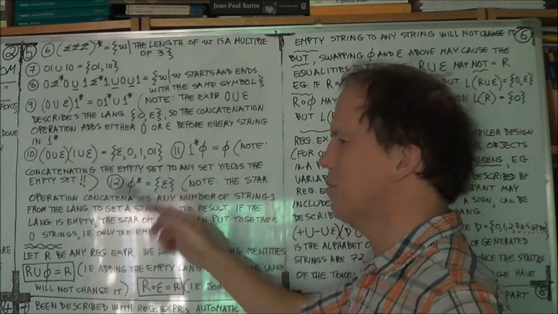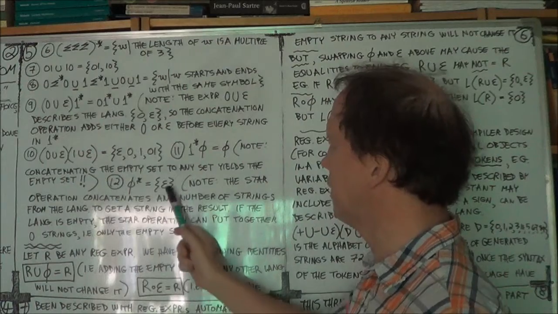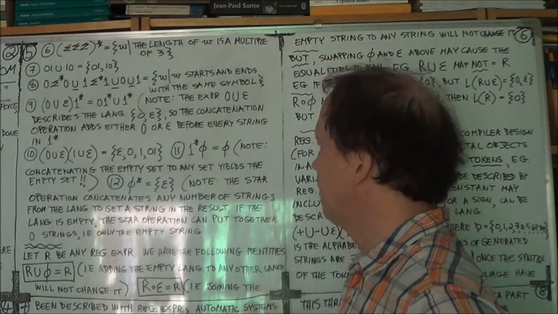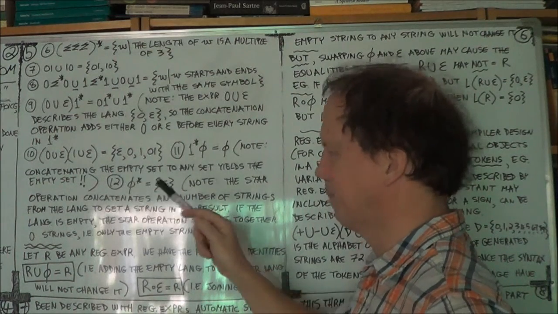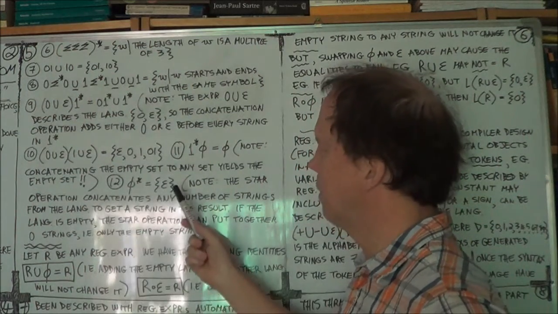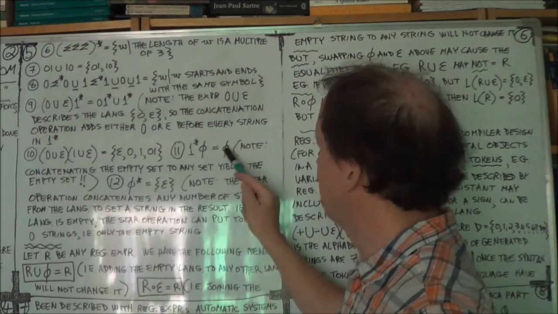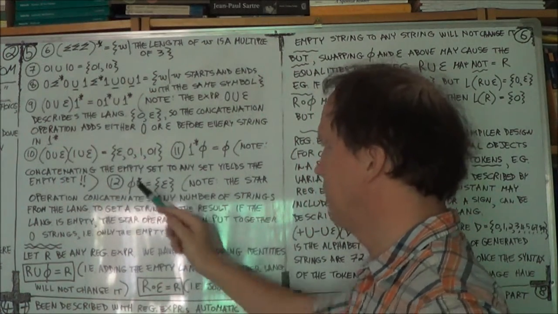And star returns a set. So it'll be the set of the empty string, which is this. Now remember, you can shorten that to just, in shorthand, eta. And remember from an earlier session, eta and the empty set, this, are different. So be careful.